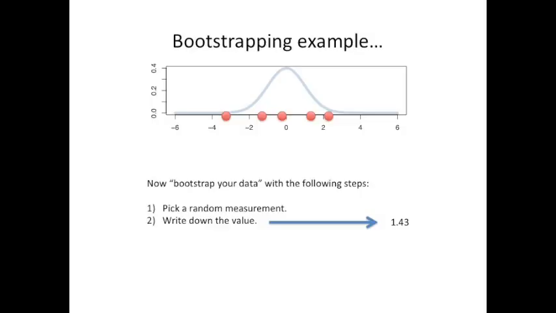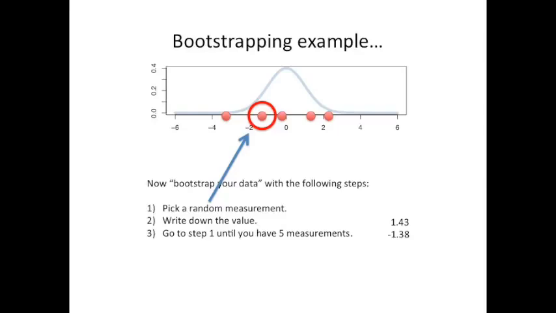Now we just write that value down. In this case, it's 1.43. In step 3, we just go back to step 1 and pick a new random measurement and write that value down, and we do that 5 times. Our second measurement is minus 1.38. The third measurement is minus 3.11.